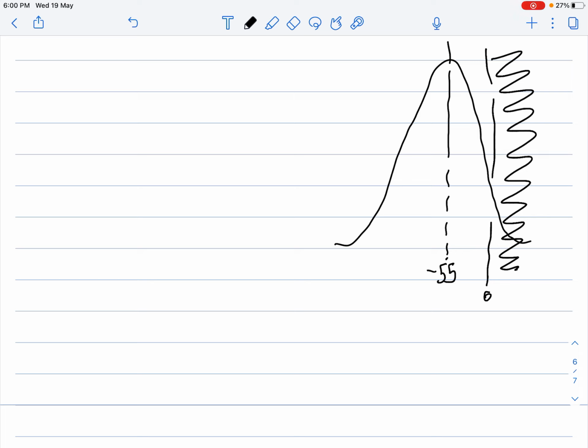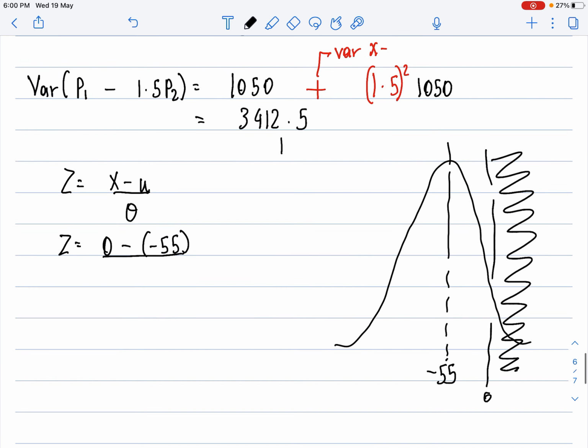Now I know my z is equal to the value minus the mean over the standard deviation. So this will be 0 minus 55 over the standard deviation, which is the square root of the variance.